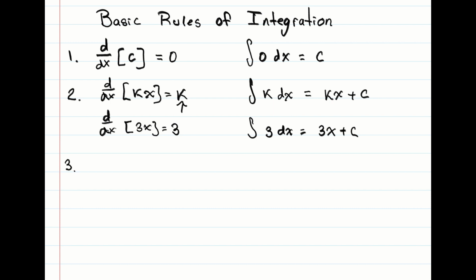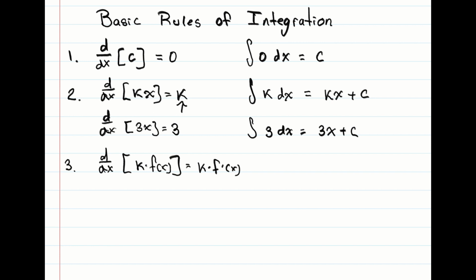Rule number 3. The derivative with respect to x of k times f of x: we said that we always keep the constant, and the derivative of f of x is f prime of x. We know that.